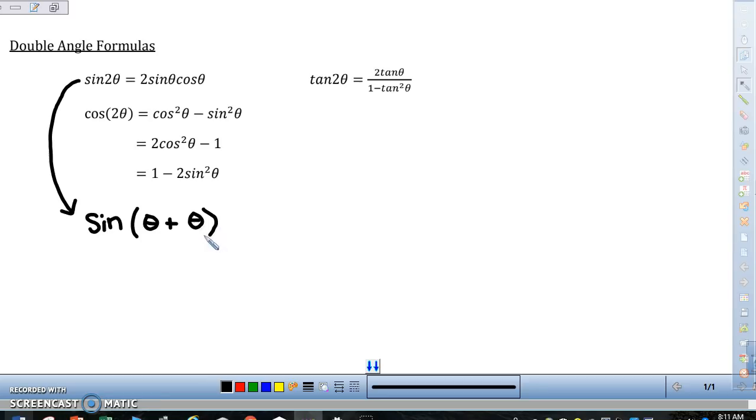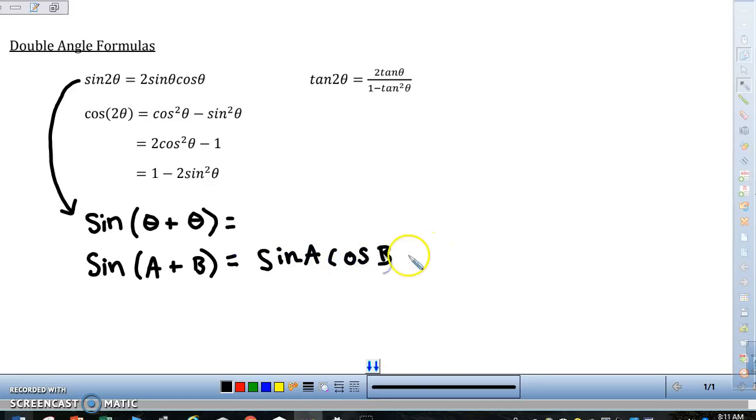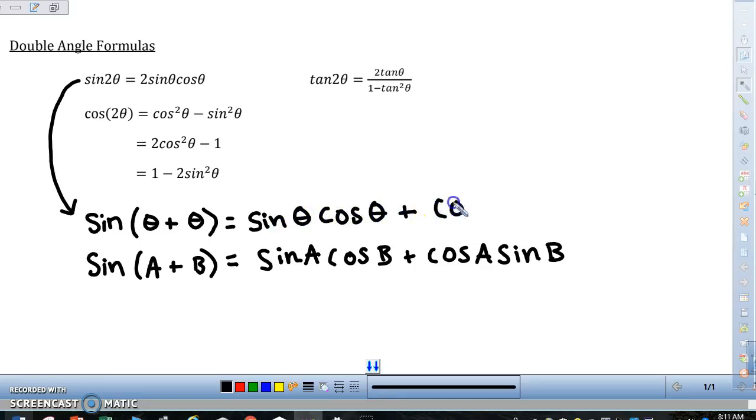If we think about 2 theta as being theta plus theta, we could connect this back to the formula that says the sine of A plus B is equal to sine A cosine B plus cosine A sine B. So if we start to write this out, we've got sine theta cosine theta plus cosine theta sine theta.